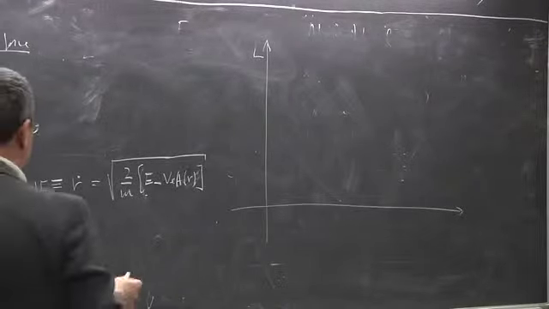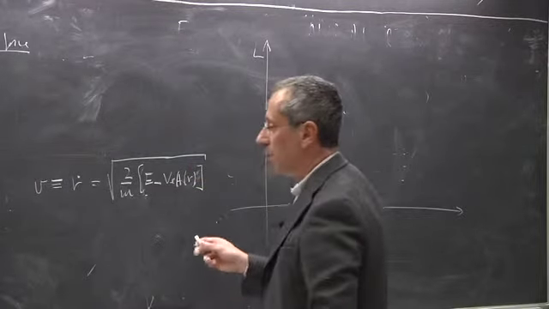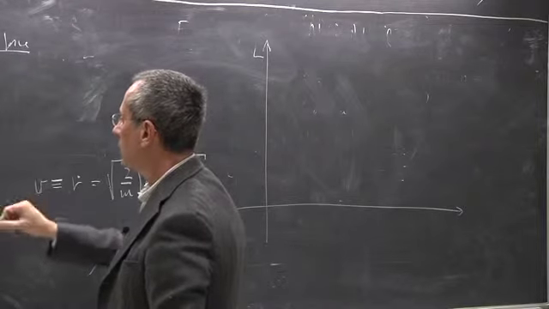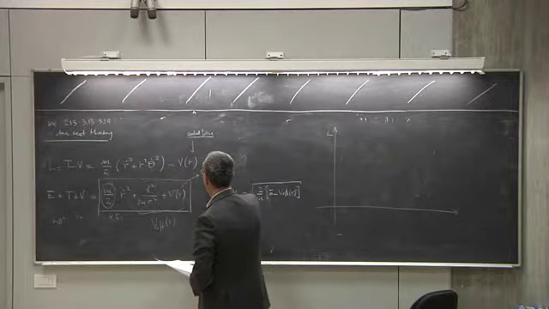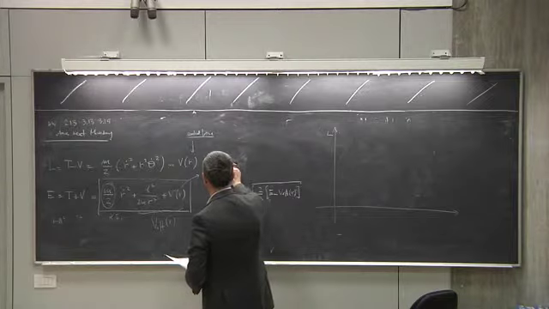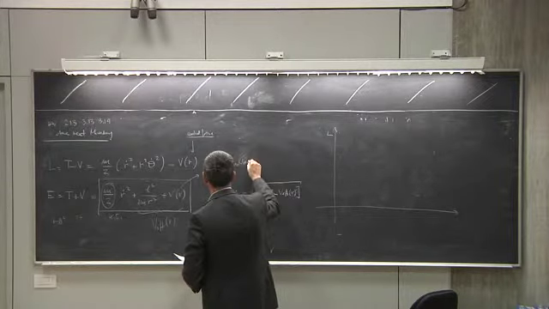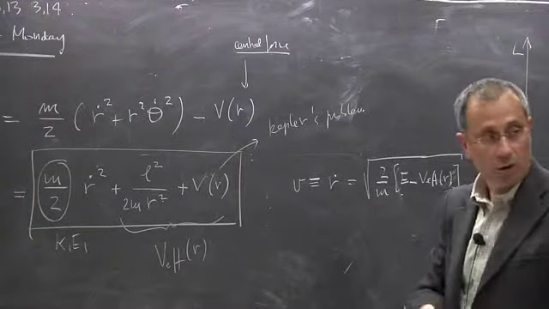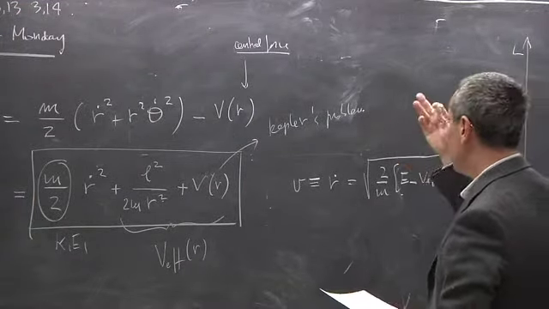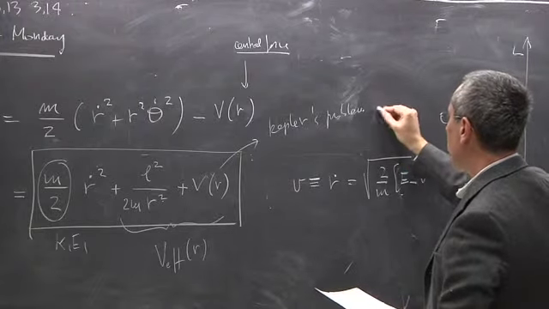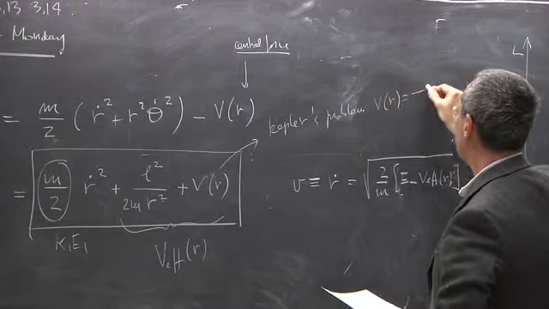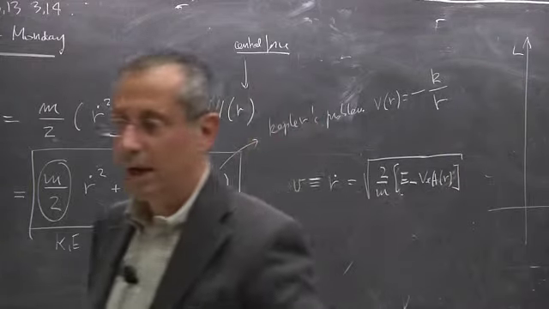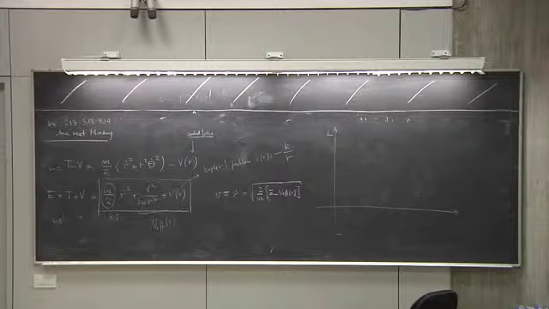Let's do that. Let's take a simple example that will come out again later on. So let's take the Kepler problem, that is the problem in which the central force is Newton's universal gravitational force. This means the potential is minus some constant k over r. This is going to be the most relevant case.